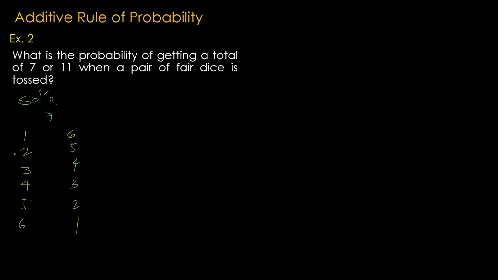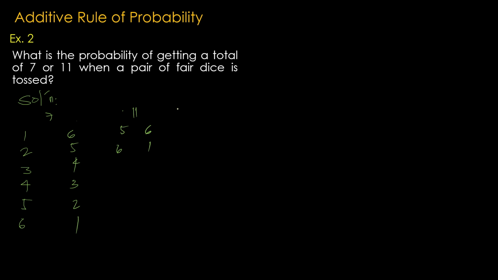These are the ways in which we can get 7. And for the ways to get 11, that would be 5 and 6, and 6 and 5. The question is, what is the probability of getting either 7 or 11 from a pair of dice?